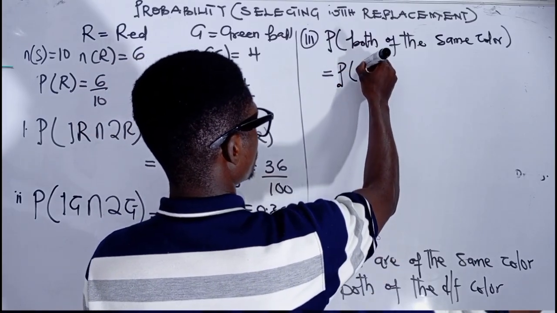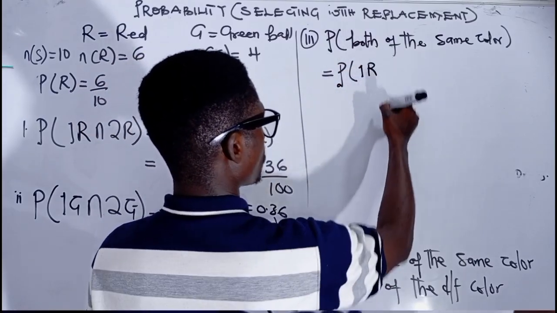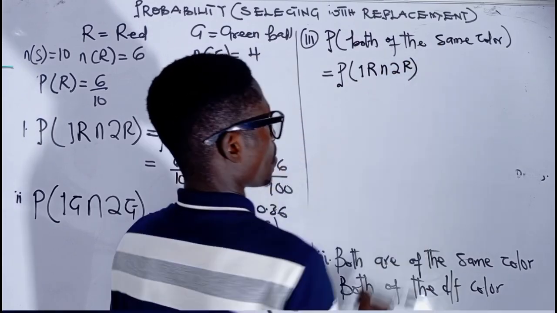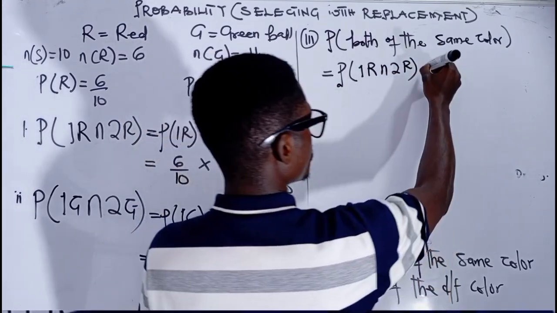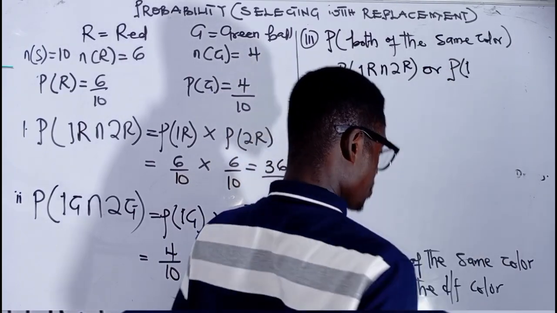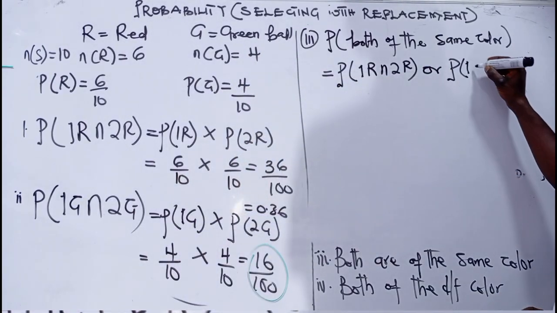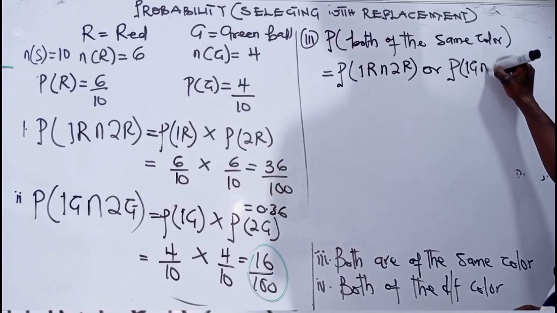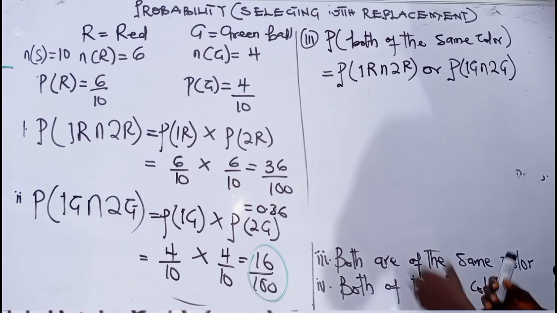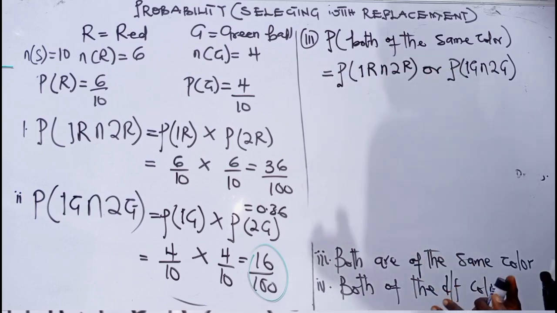The probability that on the first pick we are getting a red marble and on the second pick we are getting a red marble, or the probability that on the first pick we are getting a green marble and on the second pick we are also getting a green marble.